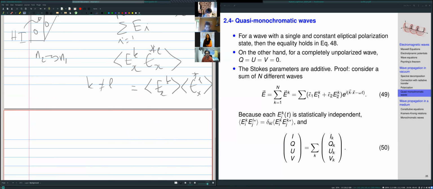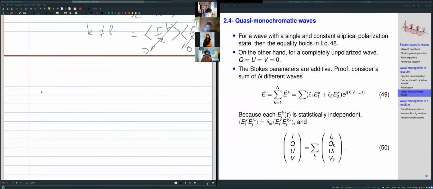Each one of them averages to 0. And so the average of these products gives me the Kronecker delta, okay? So once you calculate I, for instance, for this superposition here, all the cross terms are going to be 0 because they're statistically independent. And so I is just a sum of the Stokes parameters of each individual component.